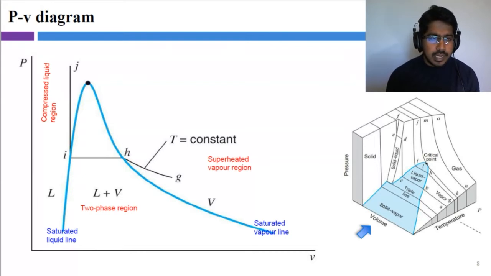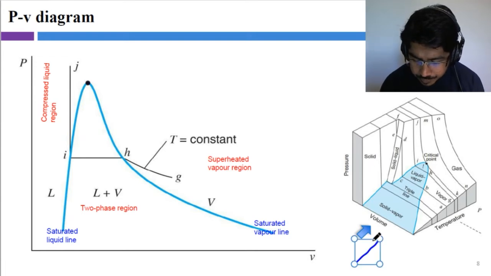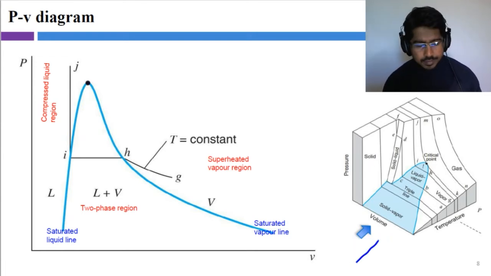So now the other one. We discussed the TV and PT diagrams, right? Now we add the last diagram from the PVT surface, the PV diagram. When you look at this one from this angle, you can get the PV diagram.